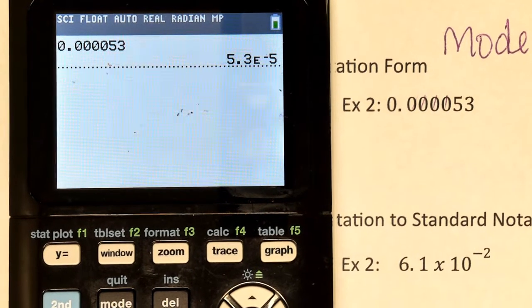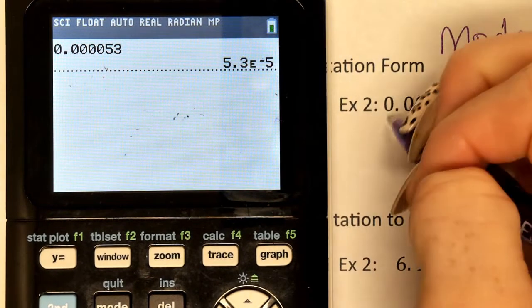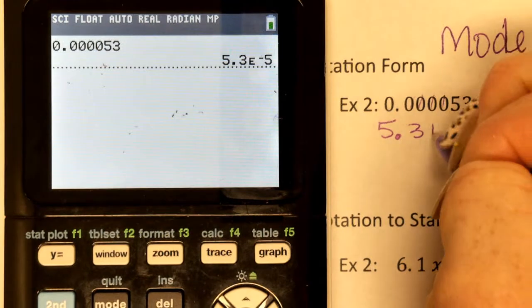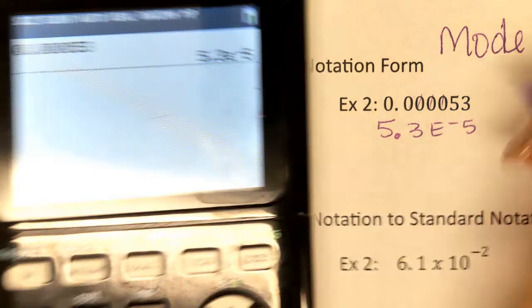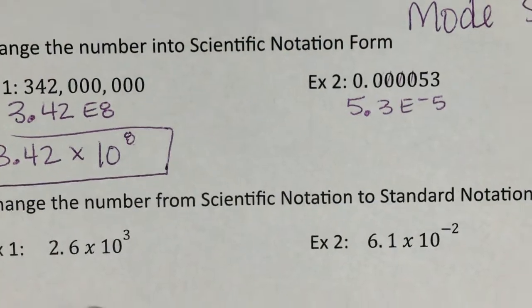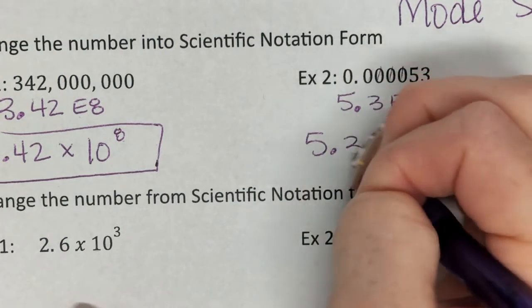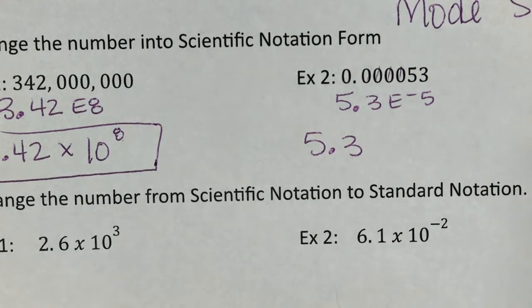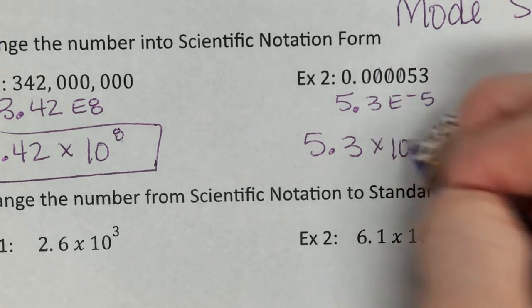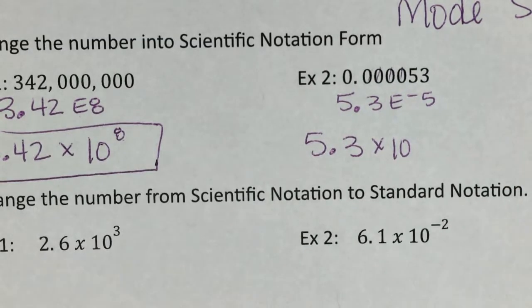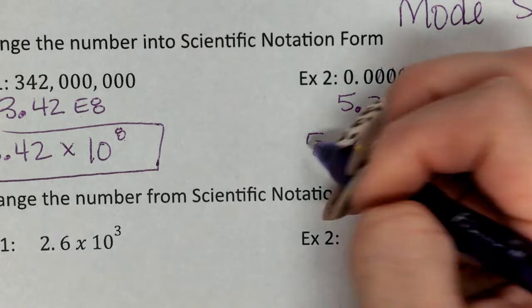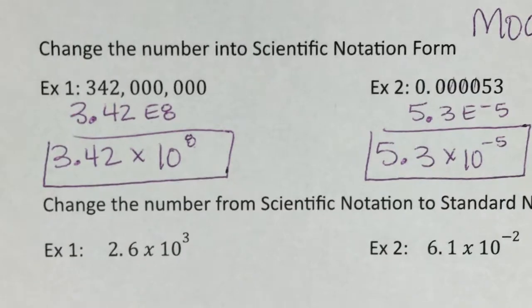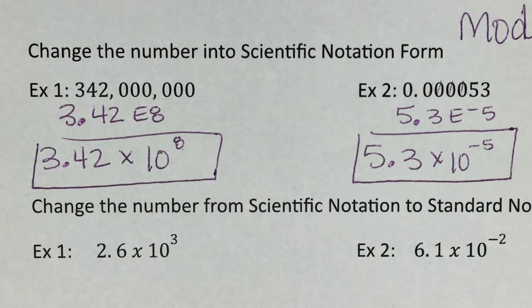Hit enter. My calculator gave me 5.3e negative 5. But how will I write that? 5.3, instead of e, what do I put? Times 10 with an exponent of negative 5. And that's my answer.